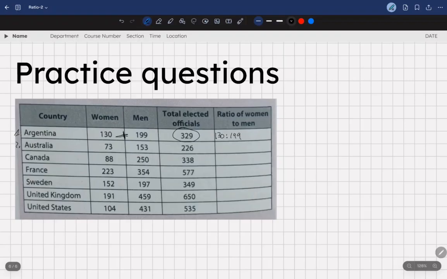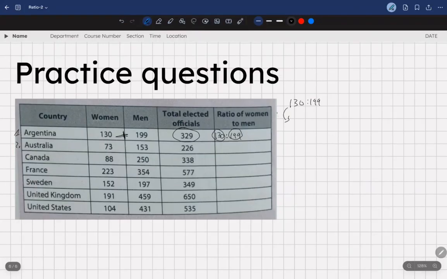Now we need to form the ratio. It asks us to form a ratio of women to men, so we should write the women first, which is 130 to 199. As I have said, ratios have to be always in simplified version. The common factor that I can see right now is 3.